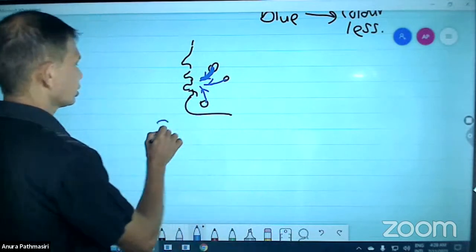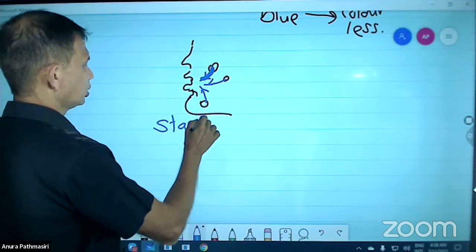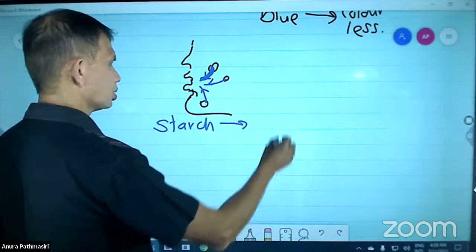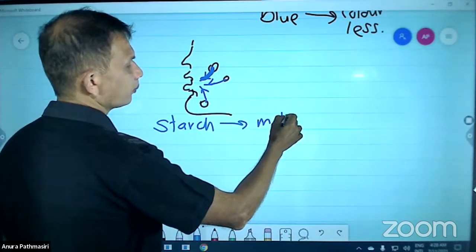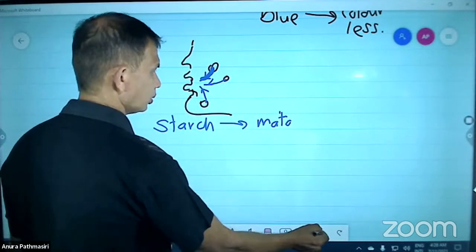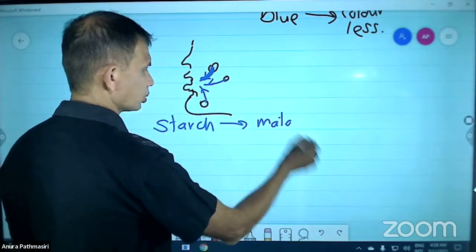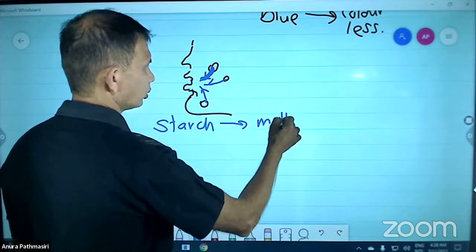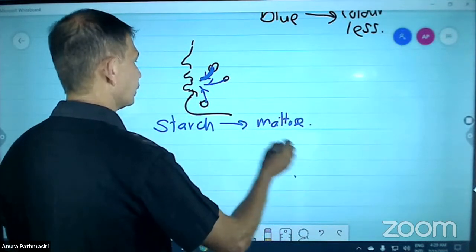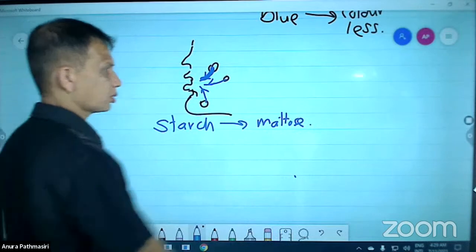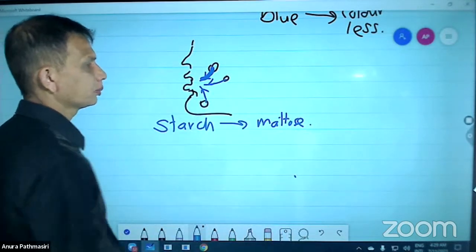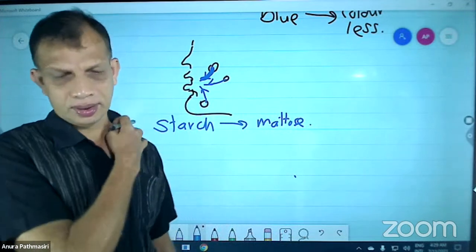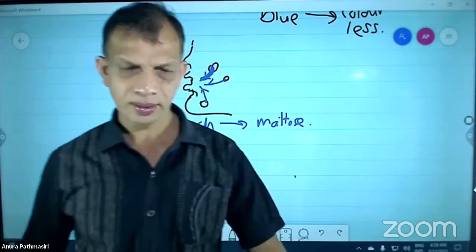So starch is converted into maltose, and that's halfway. And next, the rest of the thing happens in the small intestine.